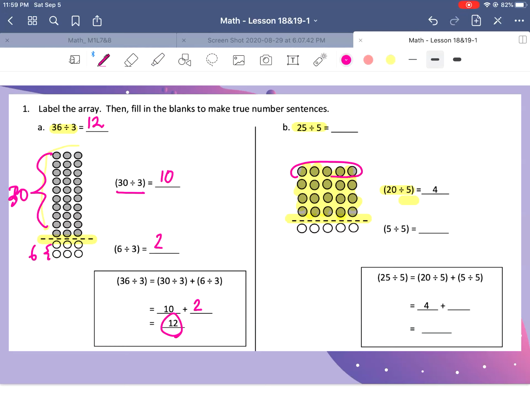So I'm going to circle 5 circles at a time, and then I have 4 groups, so this is my number. And what is 5 divided by 5? There is only one group, so I'm going to put number 1 there. So now I'm going to add these 2 numbers. My final answer is 5.